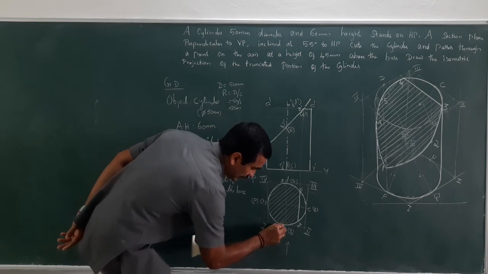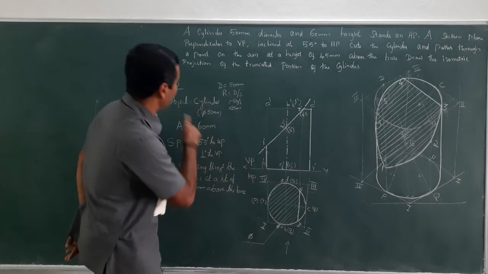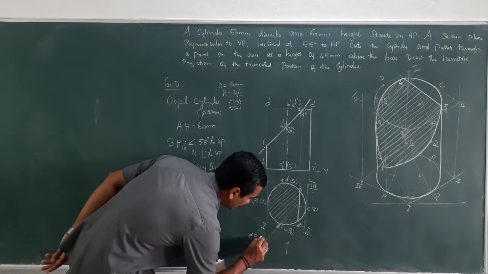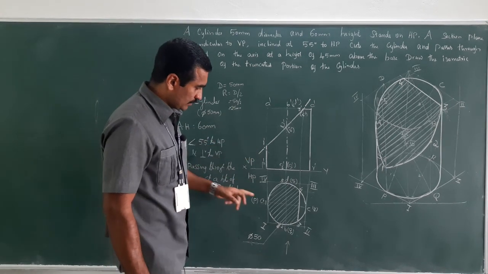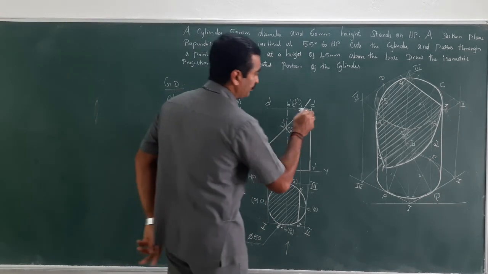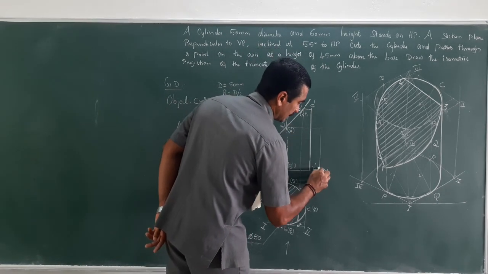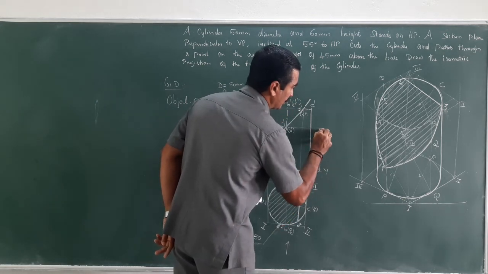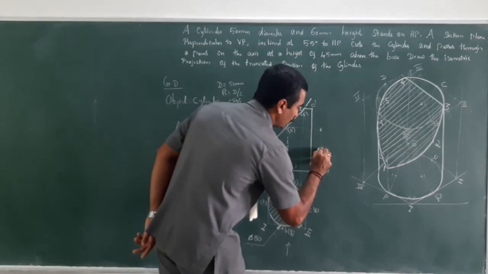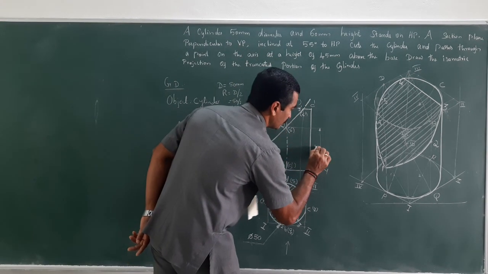By extending the leader line, I can mention dia 50 mm. Next, the height. Here it is 45, up to here it is 45 mm. That is where the cutting plane is passing, 45 mm above the base, right? So that is 45.